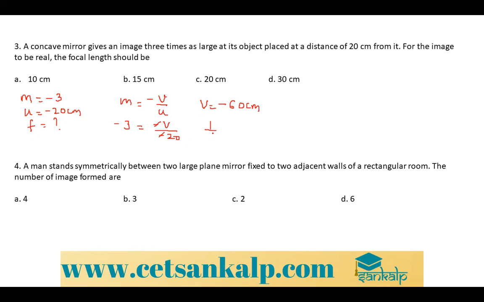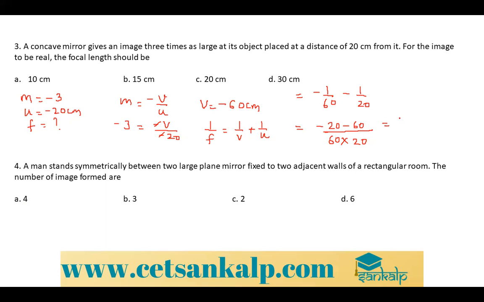So the formula 1 by F is equal to 1 by V plus 1 by U. So -1 by 60 minus 1 by 20. So -20 minus 60 divided by 60 into 20.